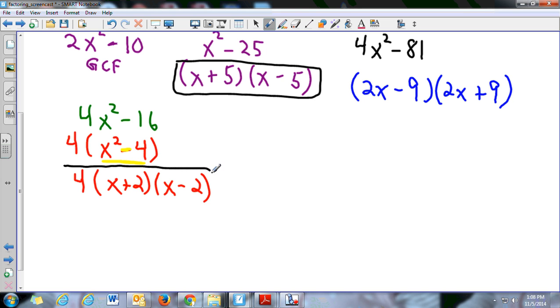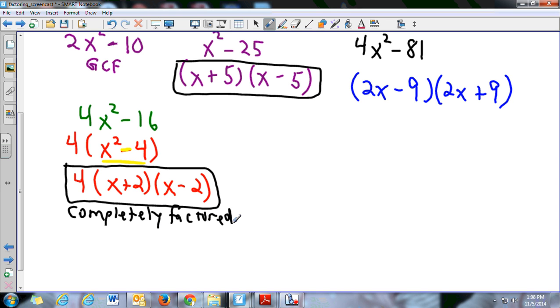I've got a greatest common factor, I've got a difference of two squares, and so this is completely factored. There's nothing else I can do to factor it down any smaller. Sometimes you get those little combinations of two different types of factoring in one problem.